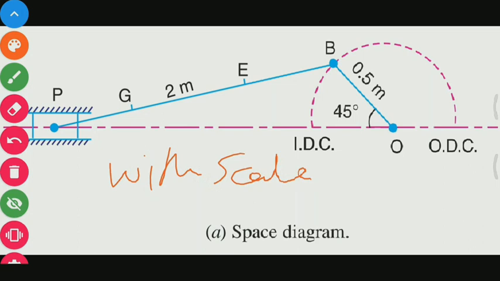We can start the space diagram by selecting the point O, that is the starting point. OB crank, PB connecting rod, point E on connecting rod PB.